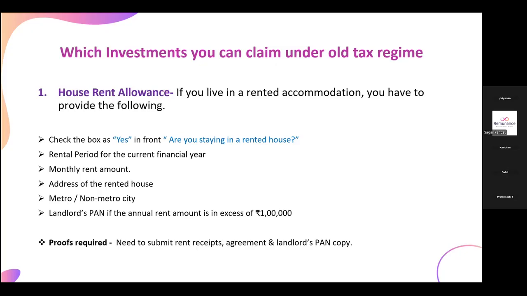You also have to select whether it's a metro or non-metro city, and landlord PAN is mandatory if the annual rent amount is more than rupees 1 lakh. Here you will be required to attach rent receipts, rent agreement and landlord's PAN copy as proof to claim house rent allowance.